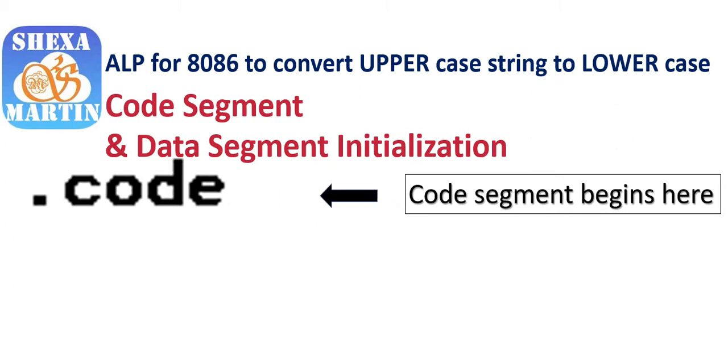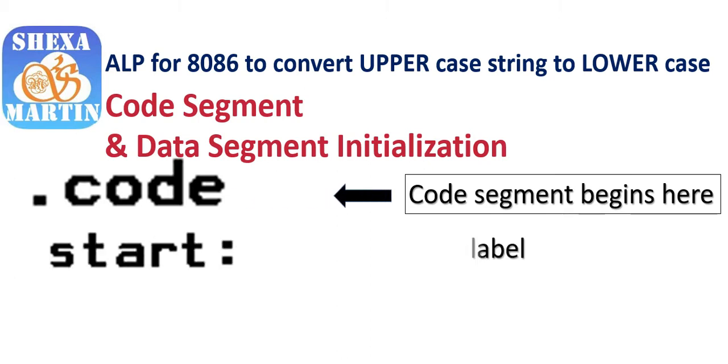Other lines of code may be defining the data or telling the assembler what to do, that is, directives and other kinds of lines. So after this .code, we are going to have lines of instructions to be executed by the assembler.